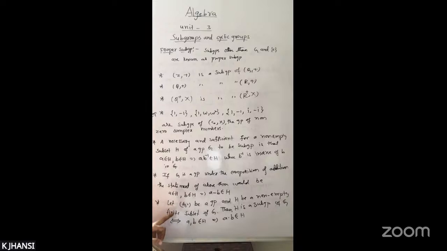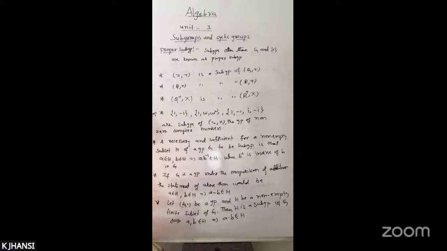So that is, let G comma dot be a group and H be a non-empty finite subset of G. Then H is called a subgroup of G if and only if A comma B belongs to H implies A dot B belongs to H. Okay. So these are the definitions of the subgroups.